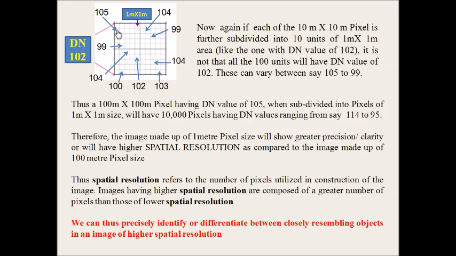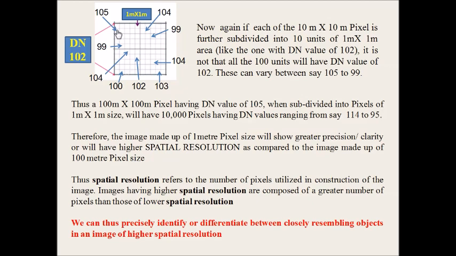Once the pixel size reduces to 1 meter, we have 10,000 pixels, and each will have DN values ranging from, say, 114 to 95. Therefore, this image, made up of 1 meter pixels, will show greater precision or clarity, or higher spatial resolution, as compared to the image made up of 100 meter pixels.